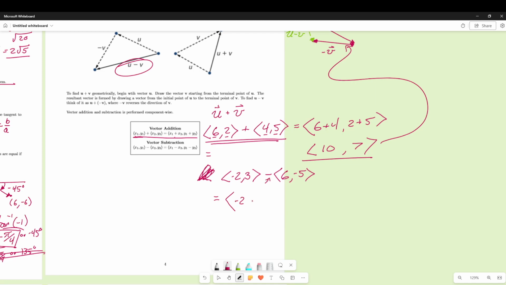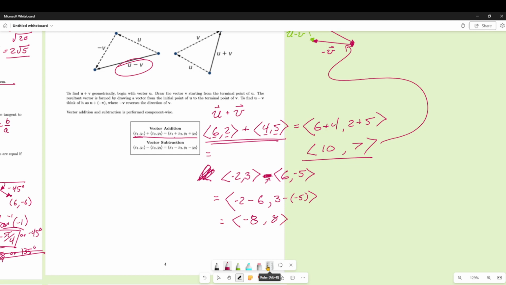So -2 minus that 6, and then 3, careful here, 3 minus this -5, so 3 minus that -5, and we can subtract those vectors. So -8 and +8, that's fine.